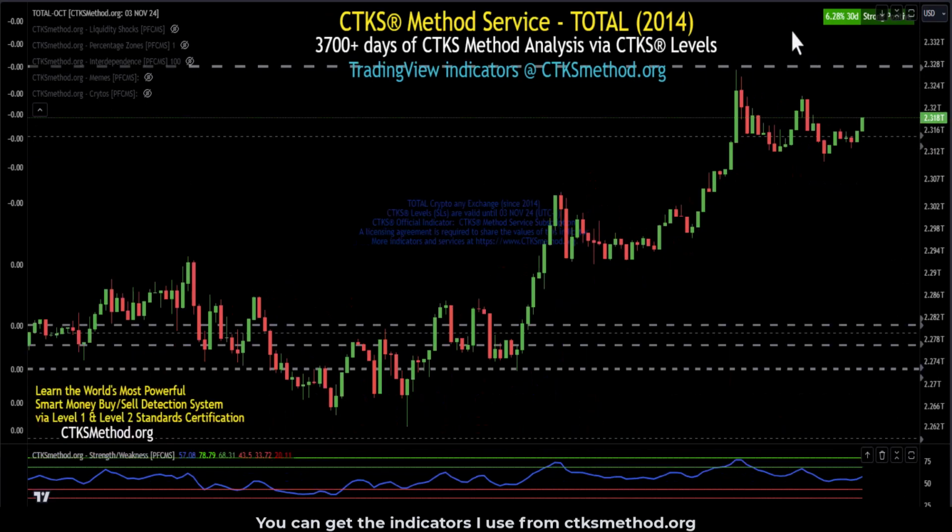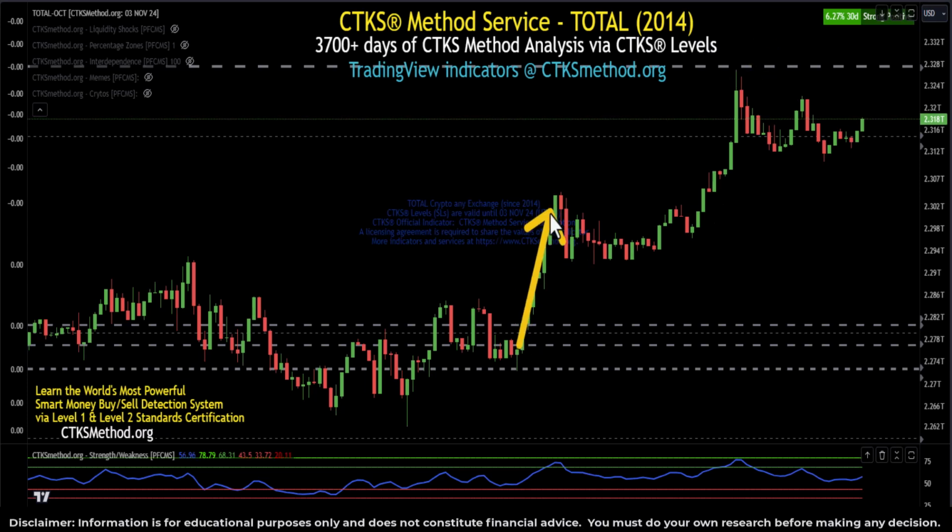In fact, it's inside total crypto market cap's levels when the entire crypto market came up from really solid structural support and broke out. It broke out into a positive CTKS gap with light resistance. And it's not surprising that we started to slow down there, hit the structural sell walls at $2.328 trillion.